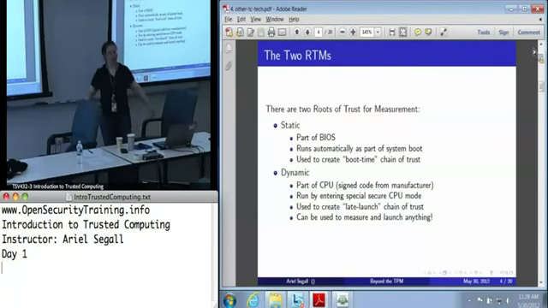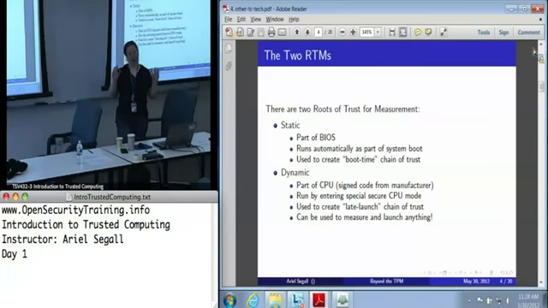And that turns on a special secure CPU mode in which nothing else is executing except this little piece of trusted code. And we can use this to create what's called a late launch chain of trust. Part of the reason it's called a late launch is that it's happening after the system is booted, hence late. And it can be used to measure and launch absolutely anything. This is actually pretty cool.